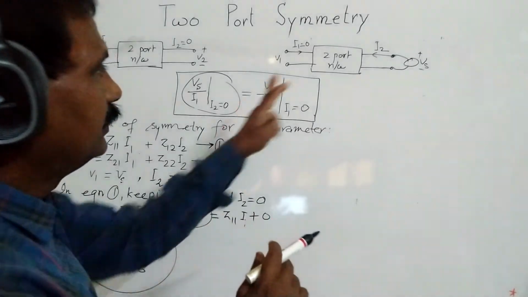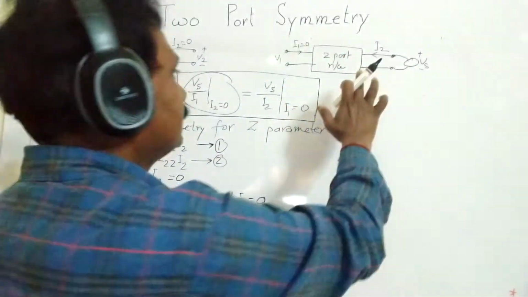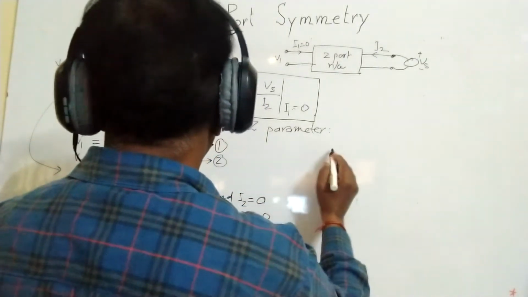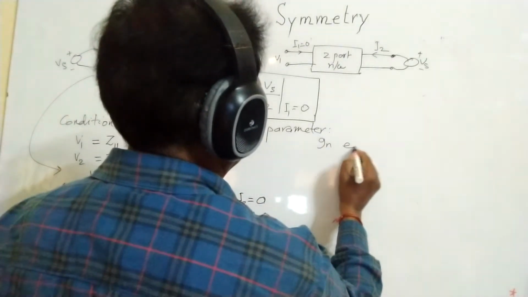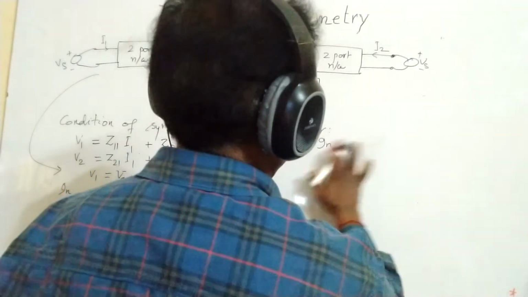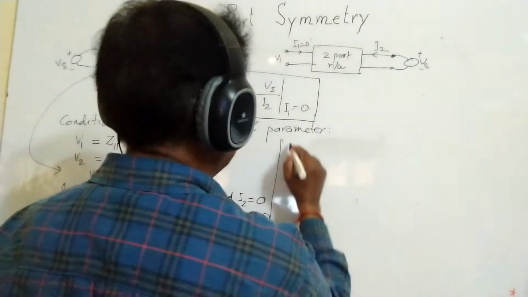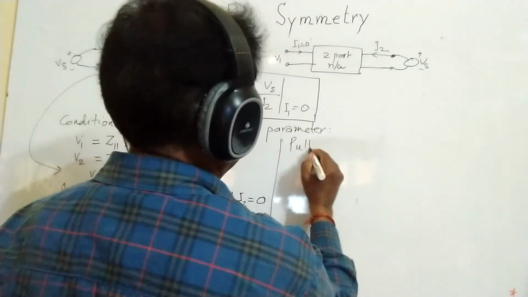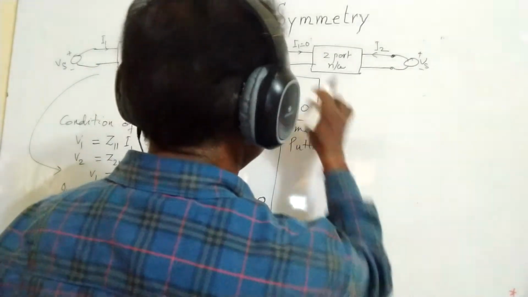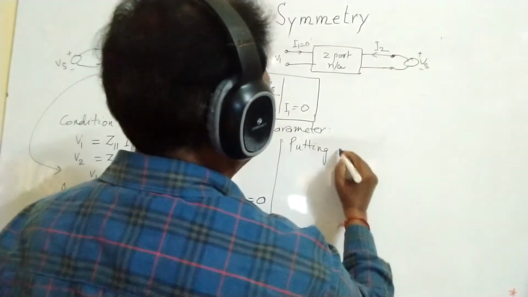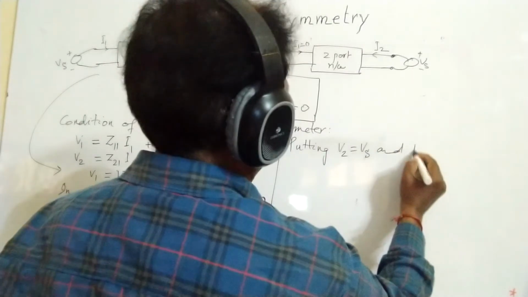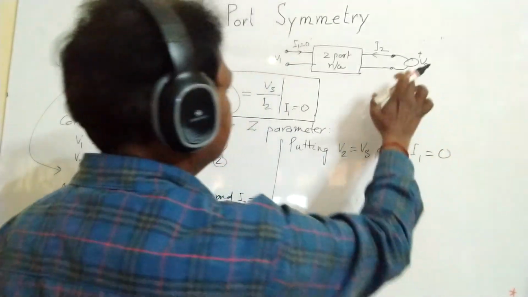Now for this second network, in equation 2, putting V2 equal to Vs and I1 equal to 0. Here what is the condition?